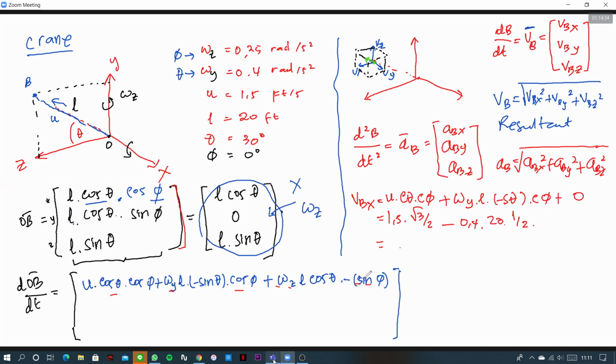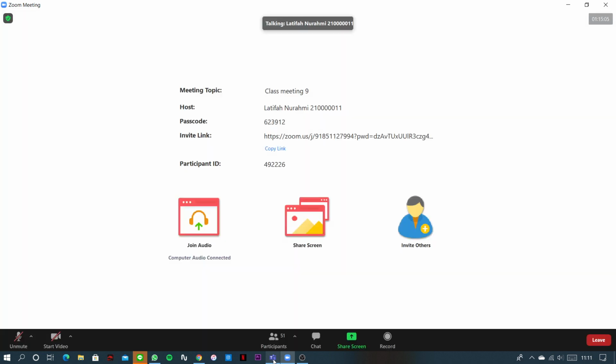Then from here, again, if I want to get the acceleration, you derive this again with respect to time, partial derivative. All right, so are there any other questions?